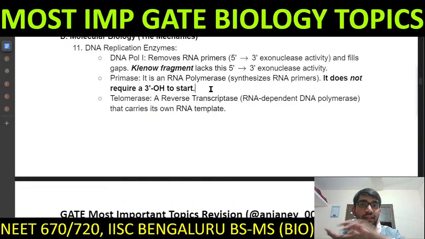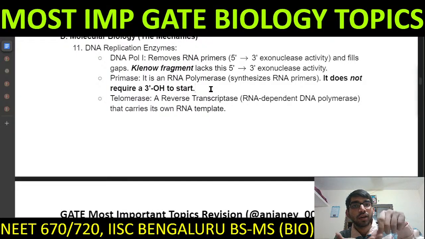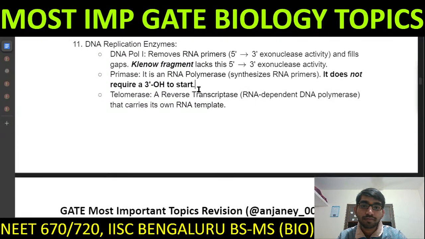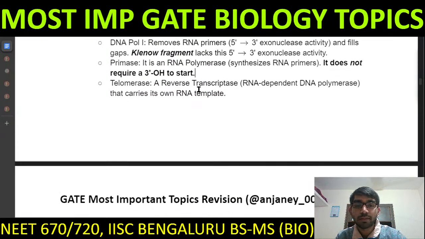On the other strand where there is nothing, the RNA primase has to start without the 3' OH in a random position, and then from there on you will have the 3' OH which the DNA polymerase can extend and form the DNA. That is why it is very important that primase can form the RNA primers without the 3' OH.